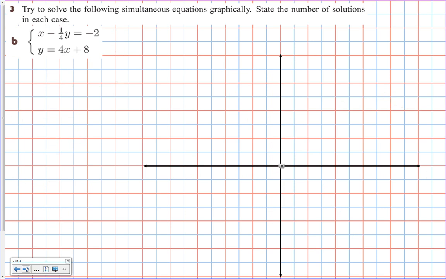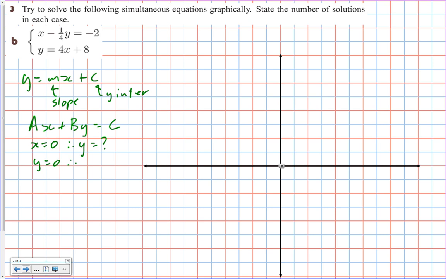So part B: we've got one in the form y equals mx plus c, so that's the y-intercept, and that there is the slope. And one in the form ax plus by equals c, so we do x equals 0 to find y, and we do y equals 0 to find x.